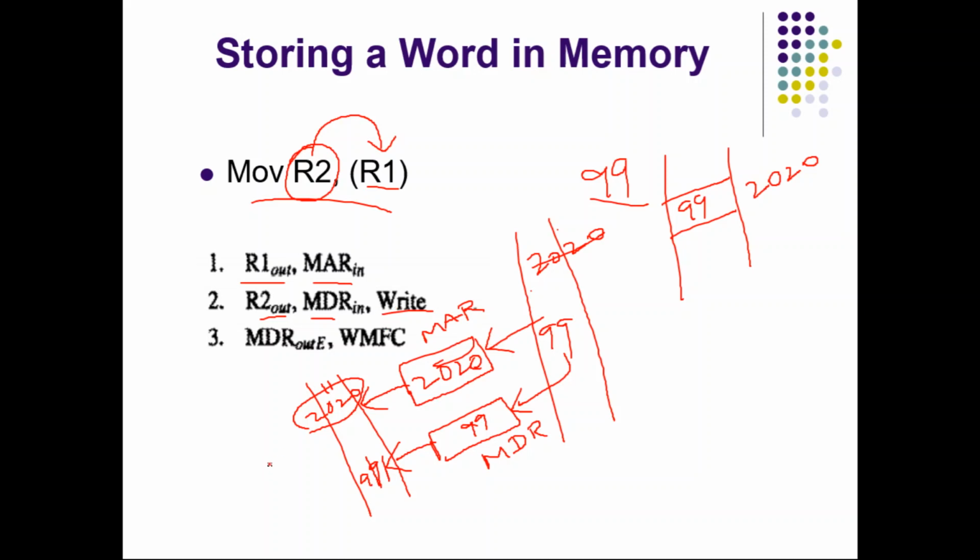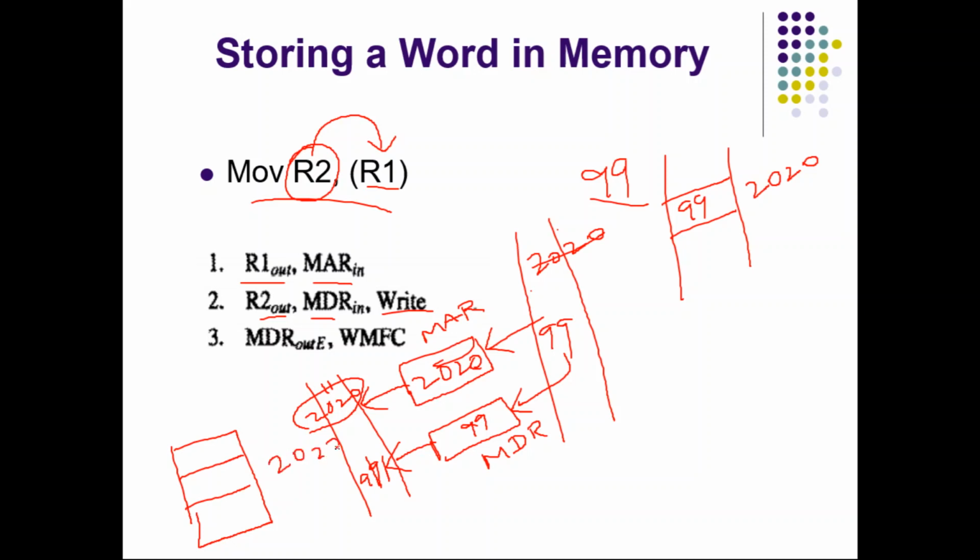So what will happen? Whatever data is available in MDR will be written to this memory location, which is 2020.